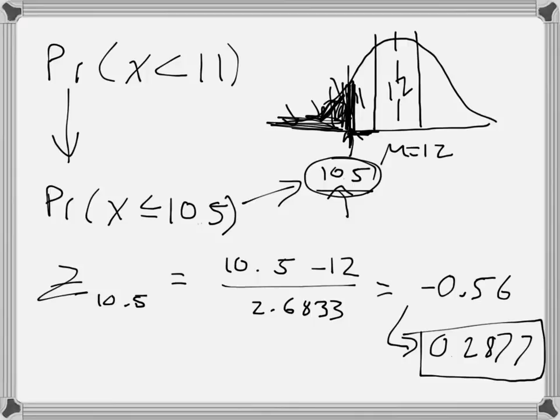The next question says, what is the probability we observe 11 or fewer, which now means I want to include 11, so this threshold actually includes 11. Instead of the probability that I'm less than 10.5, I want the probability that I'm less than or equal to 11.5.